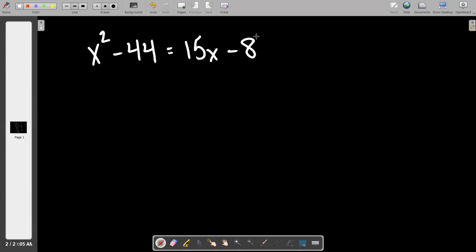Everyone's kind of messing with you here. This problem is trolling you, picking on you, trying to raise your blood pressure. So what are we going to do to make it look the way we want it to look? Let's add the 44 because we know he's not where he belongs. And let's also say 15x, get back on your side, stay in your lane, bro. So let's get the 15x back to the left, and let's get the 44 over to the right, and let's clear it and make it look the way we want it to look.